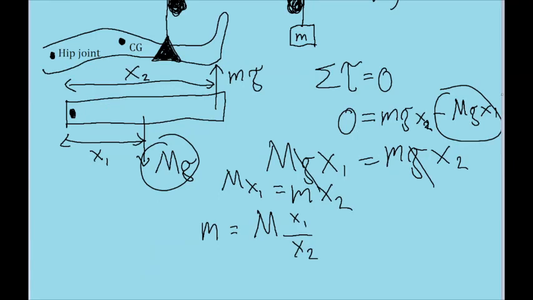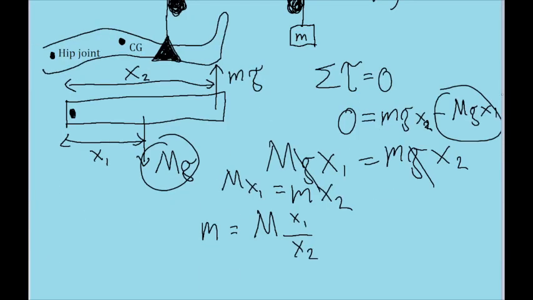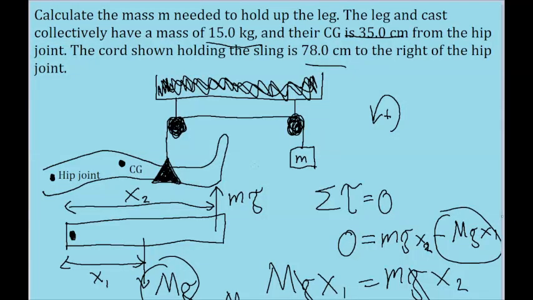Now something that's pretty nice about this problem, if you want to take a little shortcut, is that we don't actually need to convert from centimeters to meters because those units are going to cancel out fully anyways, and we're left with an answer in kilograms. So if we put that into our calculator, then we end up with a mass of about 6.73 kilograms. So this is the mass that is required for this small object here to hold the leg up.